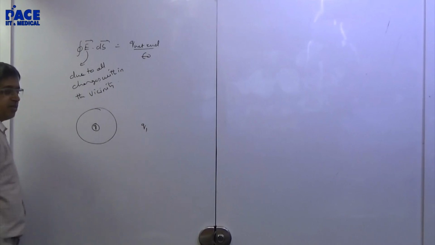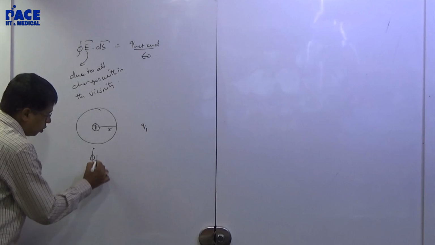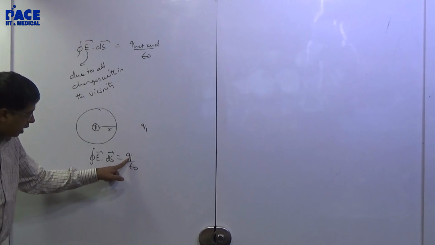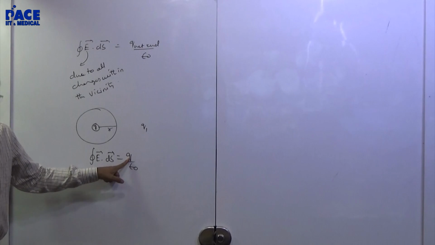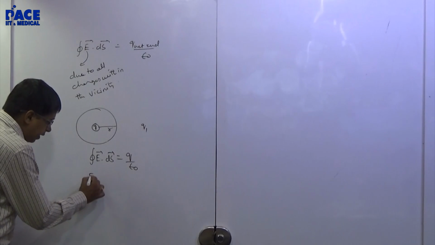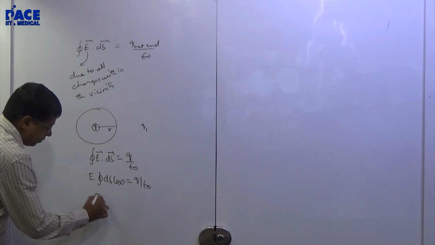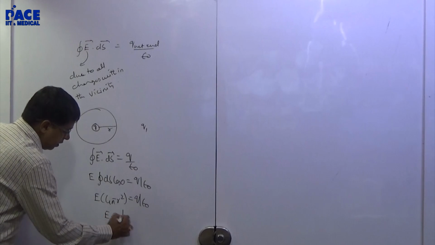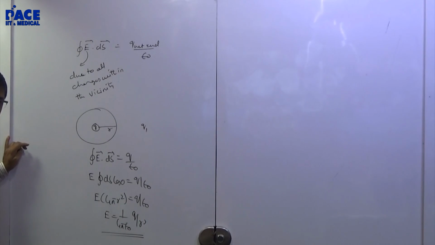I assume a Gaussian surface this way at a distance of R. Closed integral E dot dS is Q by epsilon naught, where this charge must be the charge enclosed inside the Gaussian surface, so it should be Q. Then E integral dS cos 0 is Q by epsilon naught, E into 4 pi r square is Q by epsilon naught, so E is equal to 1 by 4 pi epsilon naught Q by r square.